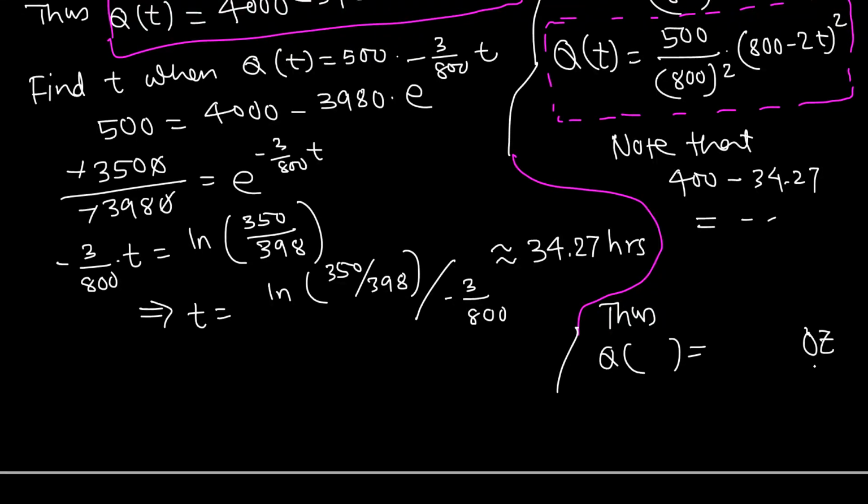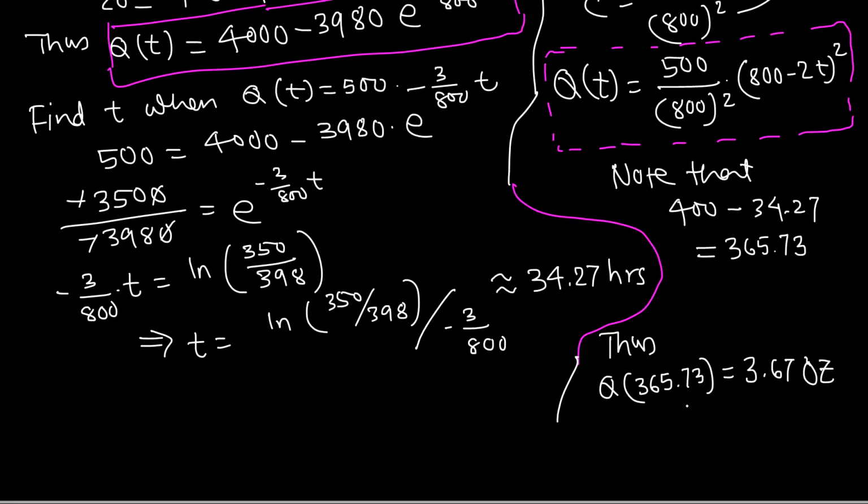Go back to the question. So this is 365.73. Plug in here, and using a calculator we get 3.67. Pretty low pollution because the water is almost drained out. Because in 400 hours the water would be out, so 365.73 hours. That's the final answer.